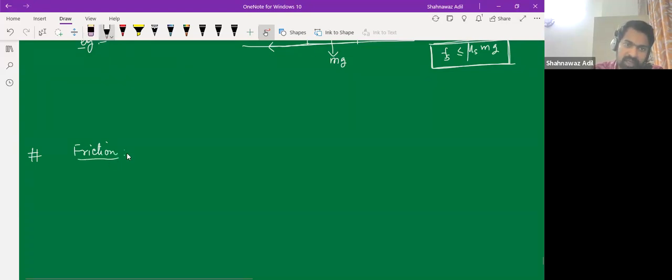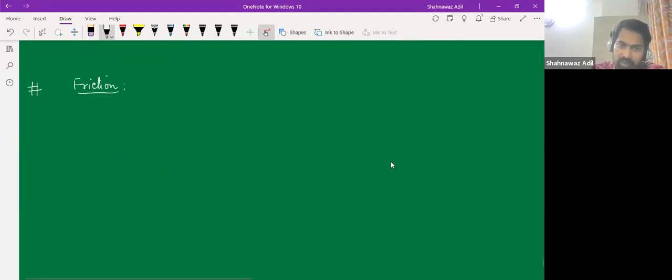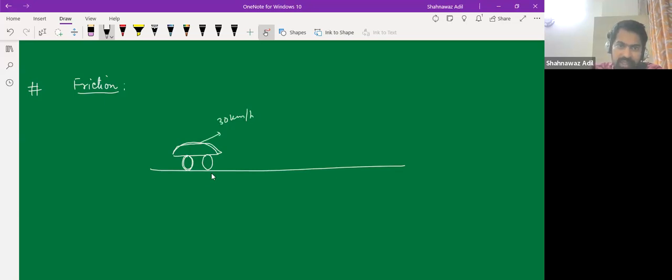I gave an example that let's say some car is moving on this road, and then the engine has stopped. It was moving at, let's say, 30 kilometers per hour, and you stop the engine. Then this car will move some distance, and then it will stop.